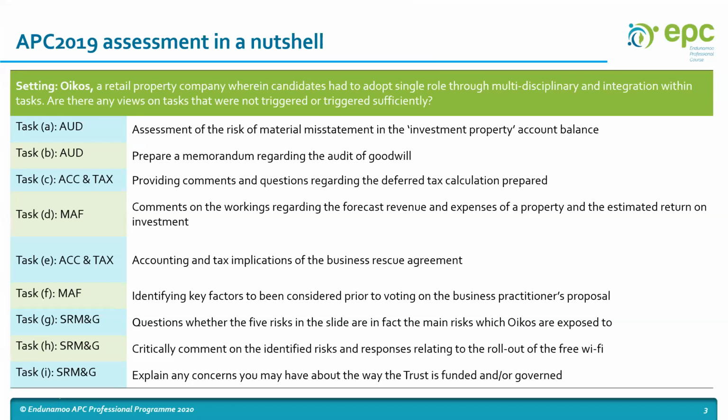On a high level, you can clearly see that what we used to call math, or strategy, risk, and governance, were dominant across the case study. Just by looking at task D, which was a specific math task, then task F, which was also math, then G, H, and I, they had a strategy and risk management component in them.